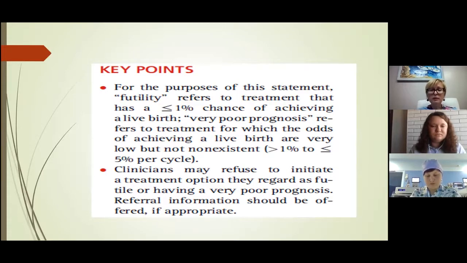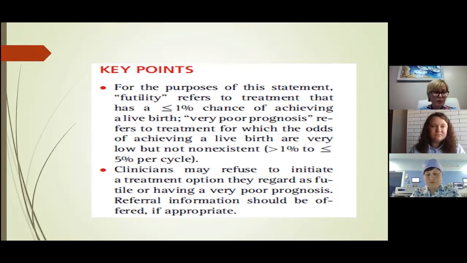In this case, it is necessary to explain that the chance is not good, less than 1%. So you should be aware of that. If you would like to try, okay, but you should know exactly the probability of pregnancy.